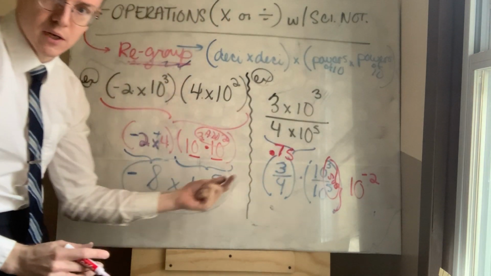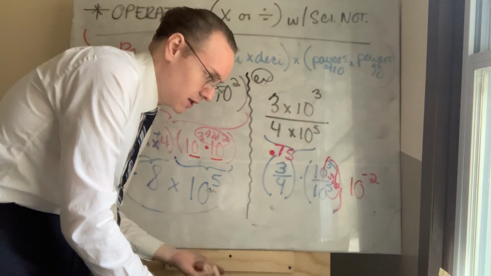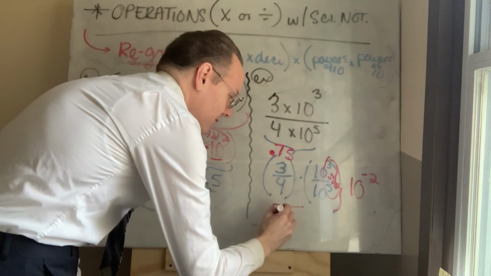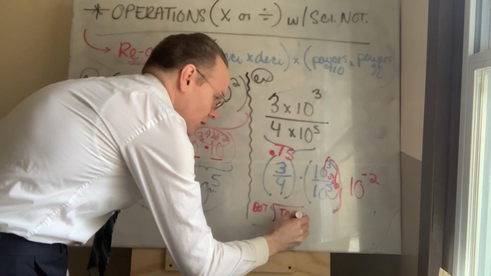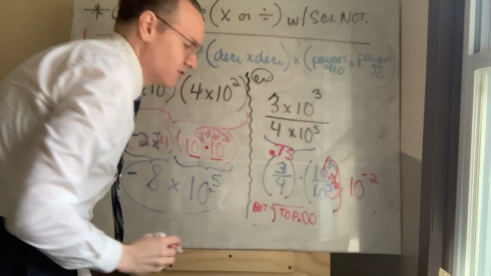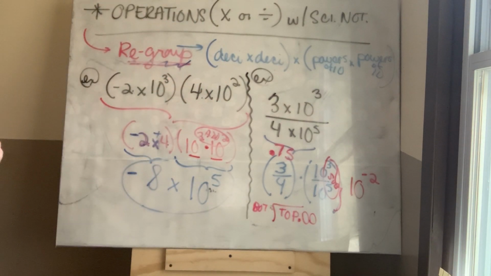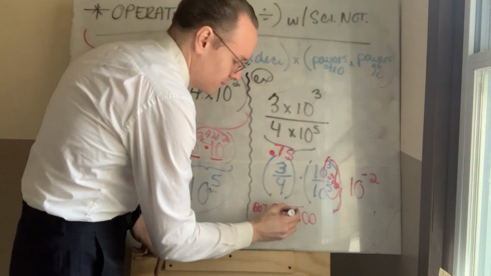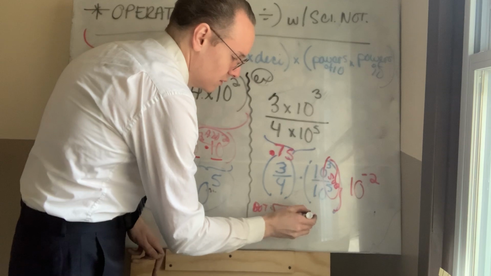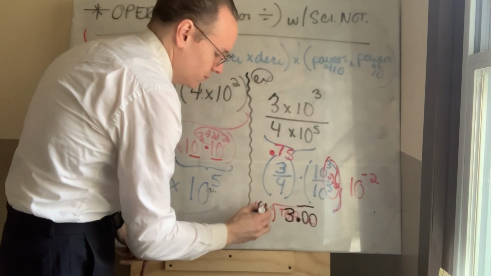Failing that, you divide the top by the bottom with the decimal point and maybe throw in some zeros if it's necessary, and then go through the process. In that event, the 3 would be here, and the decimal, and then you have some zeros, and the 4 would be here.